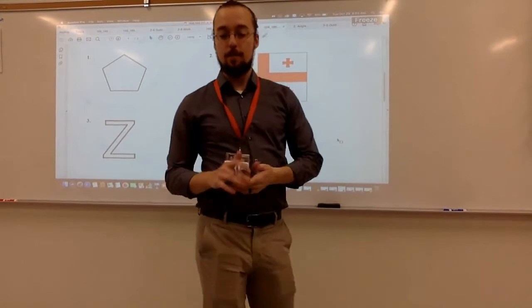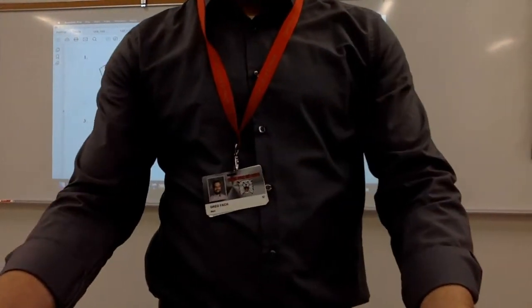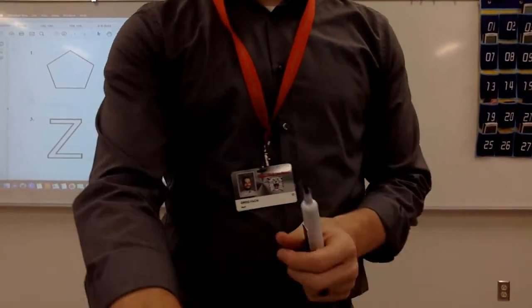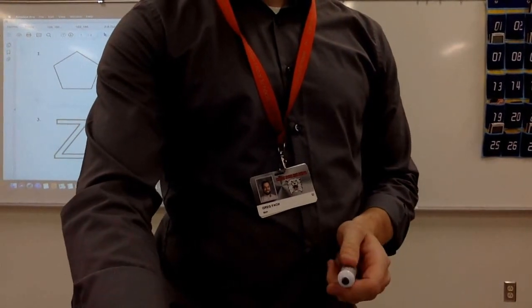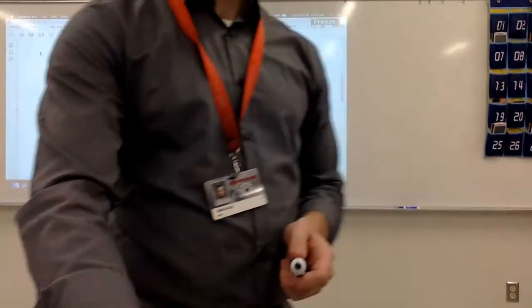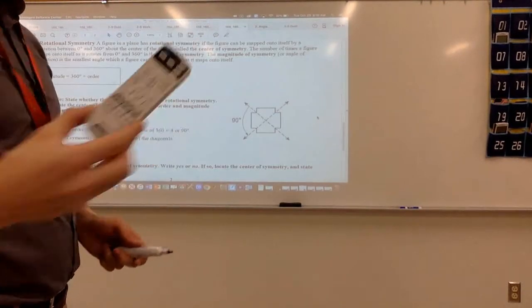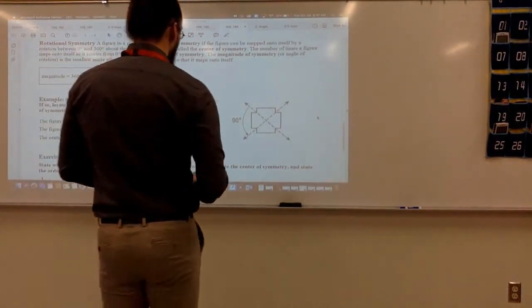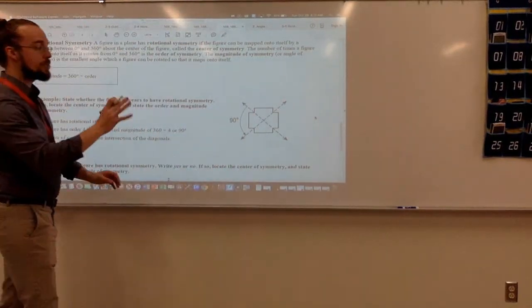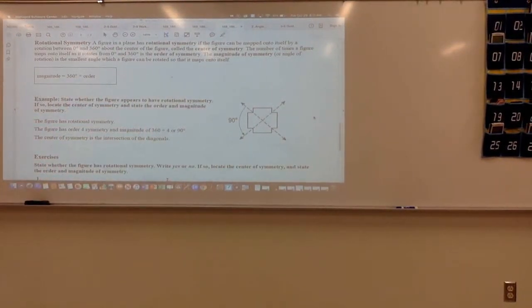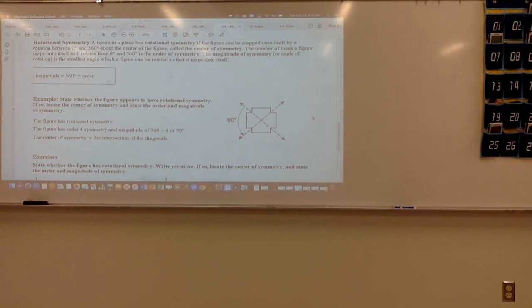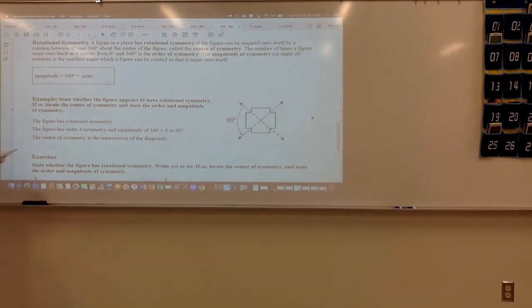The other type of symmetry is rotational symmetry. On the back, if we can rotate a figure less than 360 degrees and it looks exactly the same as where we started, then it has rotational symmetry.